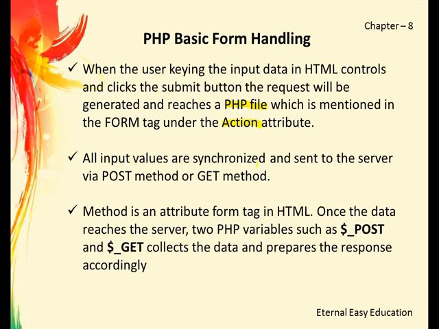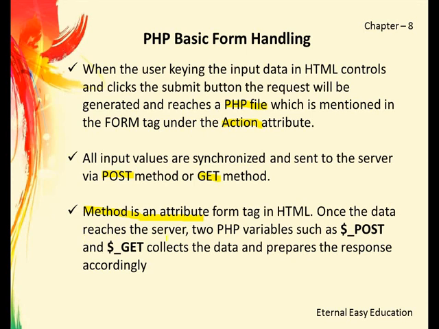All input values are synchronized and sent to the server via post method or get method. This is very, very important. The method is an attribute. Action is an attribute. Method is an attribute.